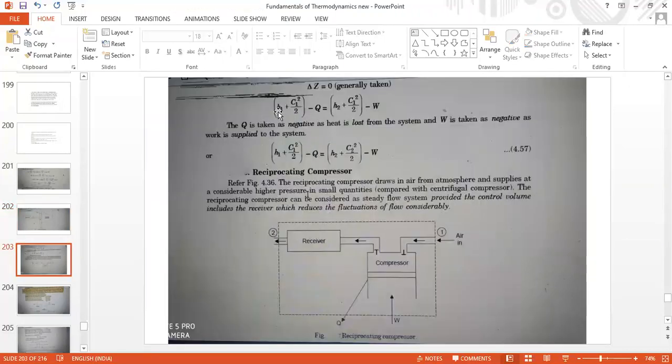See here, the steady flow energy equation is written by taking delta Z equal to 0, but this is not applied all the time. For example, in a certain problem, you may not be told to ignore potential energies.